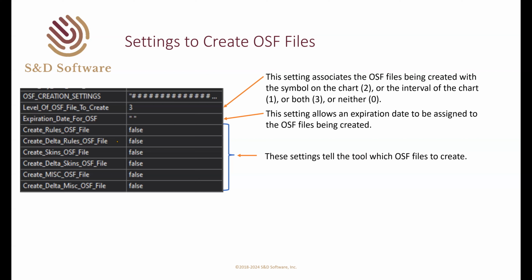Now, how does he decide what goes into the delta rules OSF file? Well, what goes in there is the manual overrides that you've made. The settings you have changed through the customize indicator dialog. So the idea is you're going to start with a fresh chart.